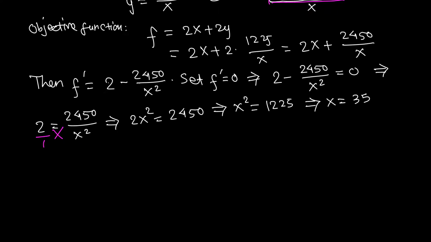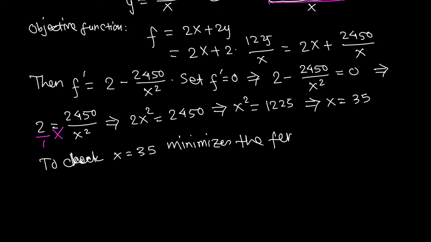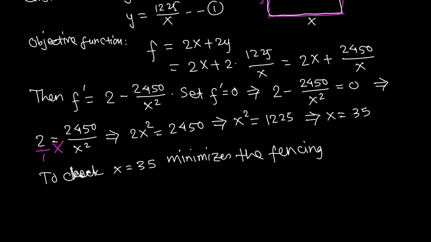We can do the sign chart if we know the bounds for x, or we can find the second derivative to check whether x equals 35 minimizes or maximizes. Because we have only one answer, it will minimize the fencing material amount, because we want to minimize the fencing amount.